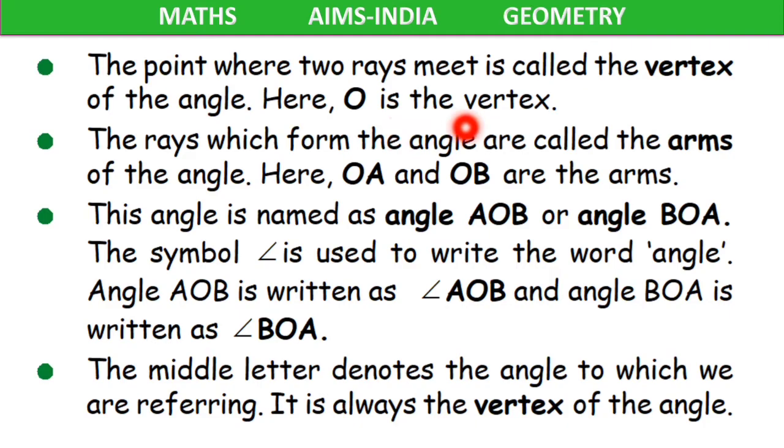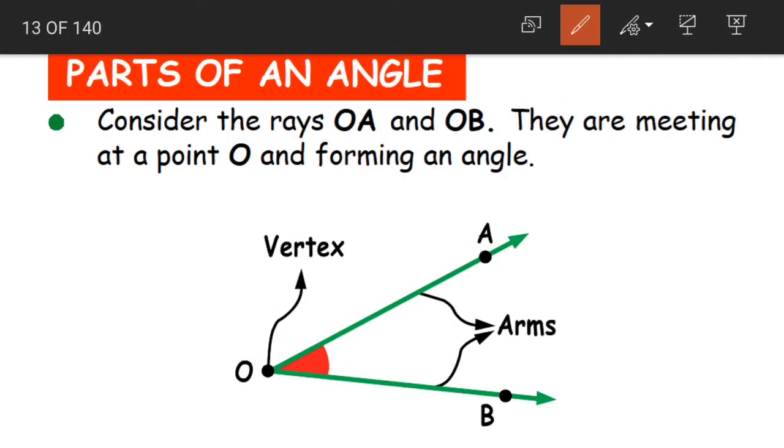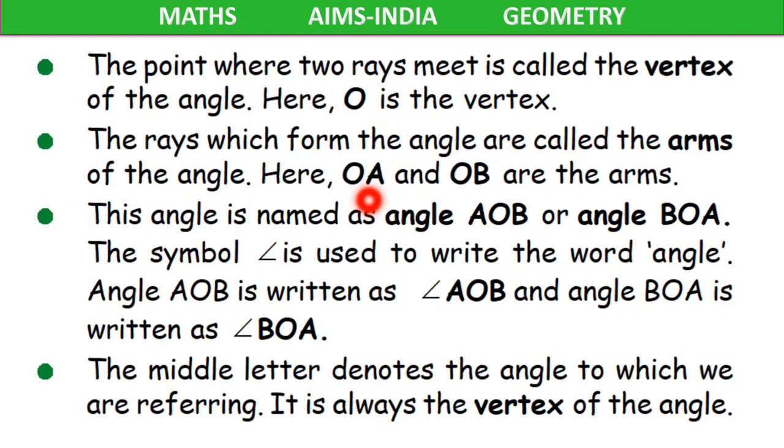Hence, O is the vertex. See here children, these two rays are meeting at our point O. So O will be called our vertex.